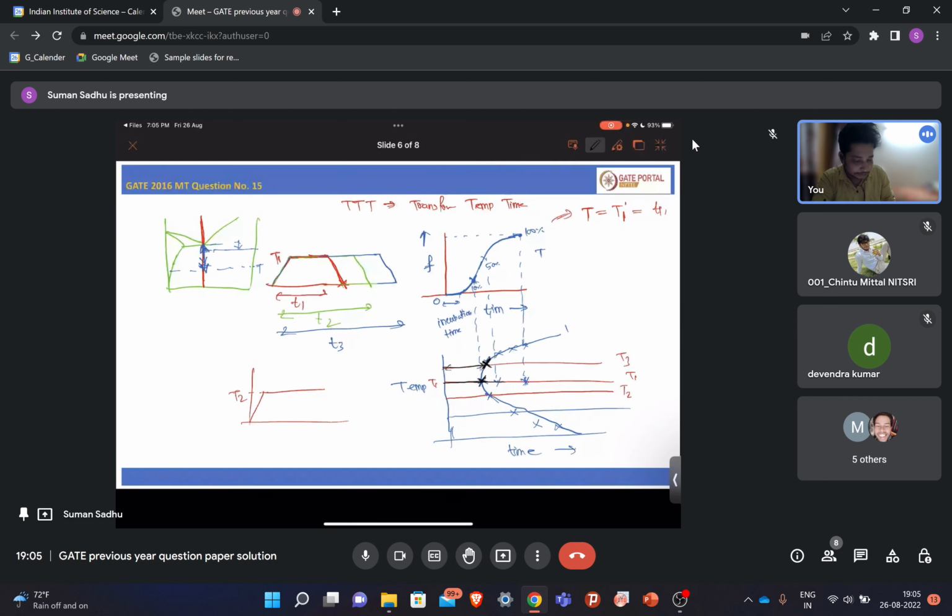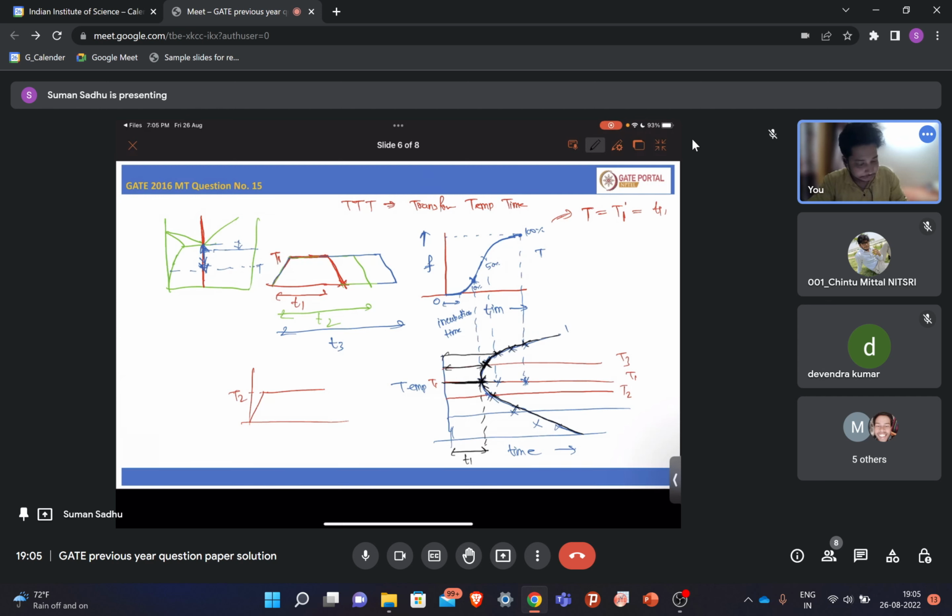Again if you go to a higher temperature, it will be much higher still. So that's why you get this C-type curve, where at a certain temperature it is optimum, and you get the same fraction of transformation in less time, but at other temperatures you get the same fraction of transformation in a longer time.